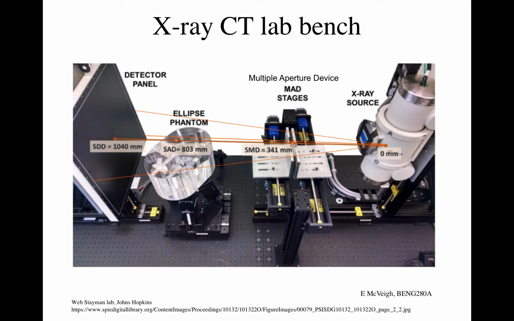This is a multiple aperture device, but this is very brand new technology. And then here's the thing you're imaging, and here's our X-ray detector. This is an off-the-shelf X-ray detector that you would use in a fluoroscopy system or something like that. And you just set it up so that it's orthogonal to your X-ray beam. And this is the phantom that you're going to image.